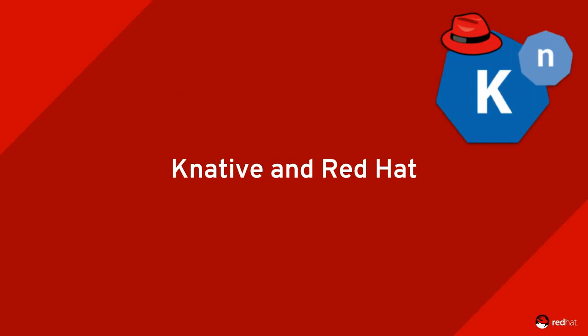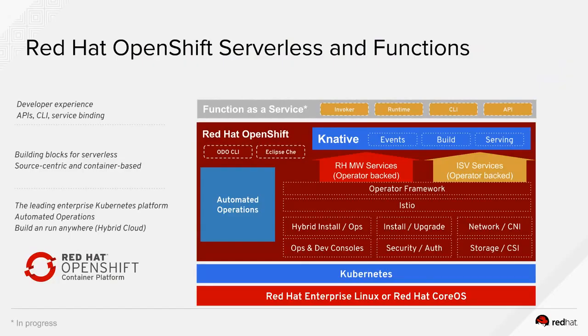And looking a little bit now into what Red Hat has been doing with Knative, overall, I would say that would be the architecture we see. Of course, you have RHEL, you have Kubernetes, and you have OpenShift, but then you have Knative there providing this infrastructure for events and build and serving applications, right?